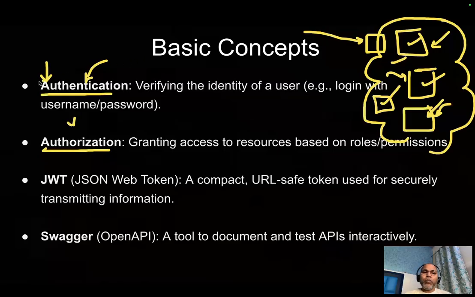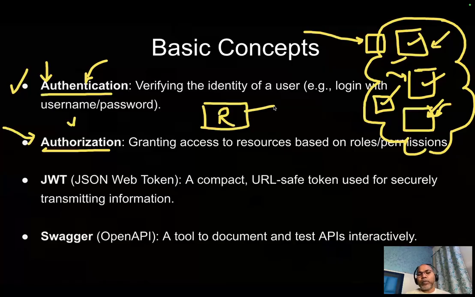So maybe you are the right person, but you do not have a specific role, so you cannot access every resource in the company, in the organization. So that scenario is the concept that comes as authorization. That means you are the right user, you have been checked, and now you have a specific role: you are the admin person, you are the HR person, you are the CEO, something.